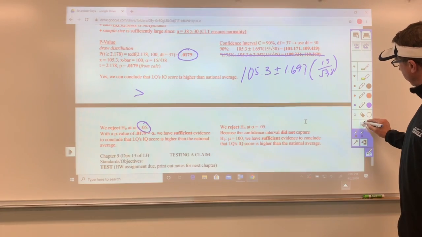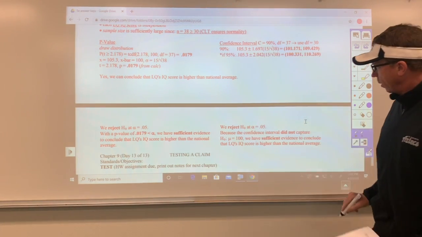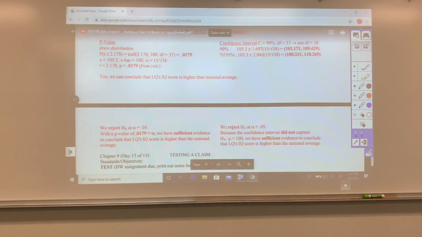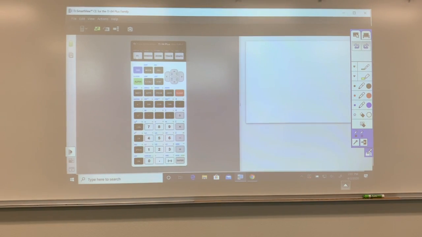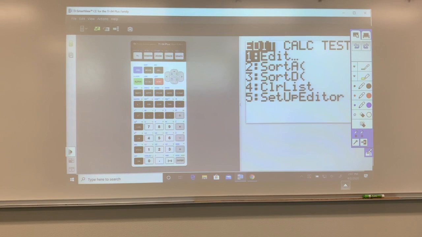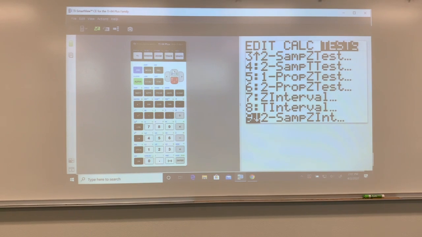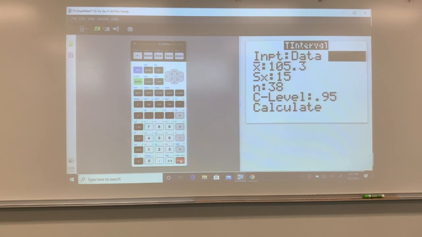So let's go ahead and go over to the calculator and do that. Stat, tests, and I'm going to do a t interval, which is right there. There are the numbers, and I'm going to do a 90% interval this time.